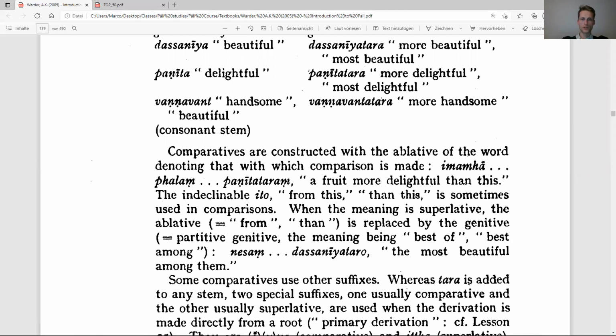Some comparatives use other suffixes, whereas tara is added to any stem. Two special suffixes, one usually comparative and the other usually superlative, are used when the derivation is made directly from a root.